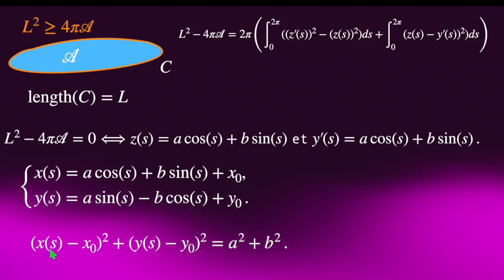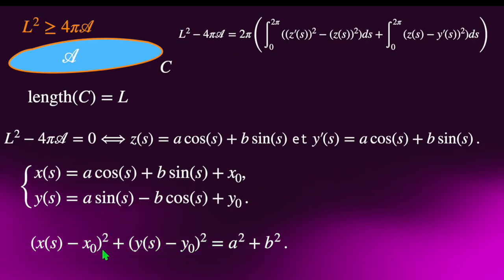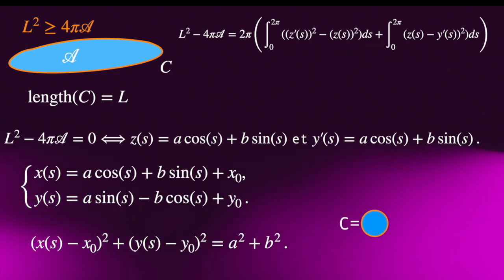So C is a circle of center x0 y0 and of radius the square root of a square plus b square. And we have done. So now we have completed the proof of the isoperimetric inequality.